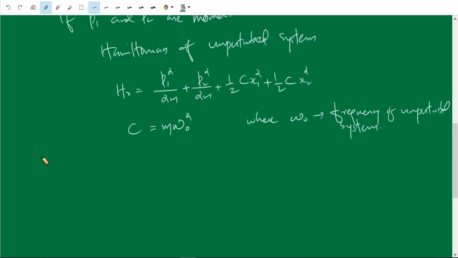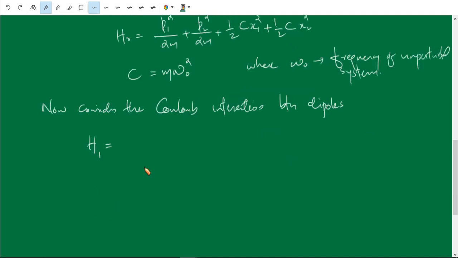Now let us consider the Coulomb interaction between the two dipoles or the two atoms. So we can write the Hamiltonian corresponding to that as H1. We can draw the figure here: the displacement of this one is x2, this is displacement x1, and the internuclear separation of the atoms is r.